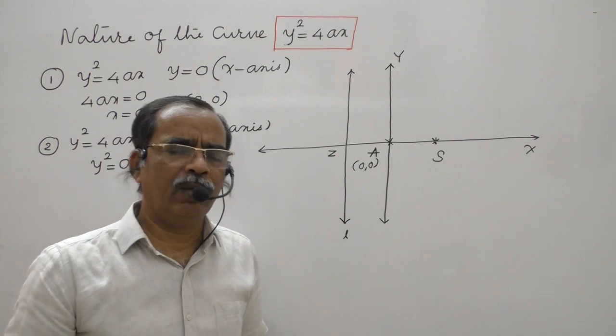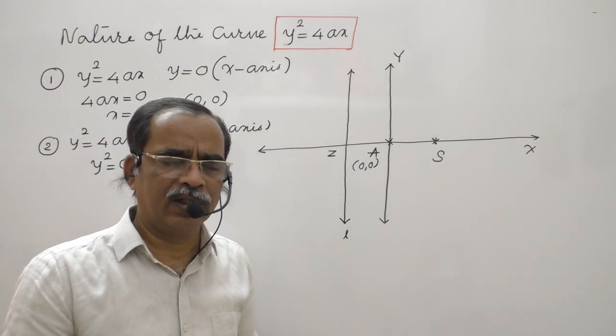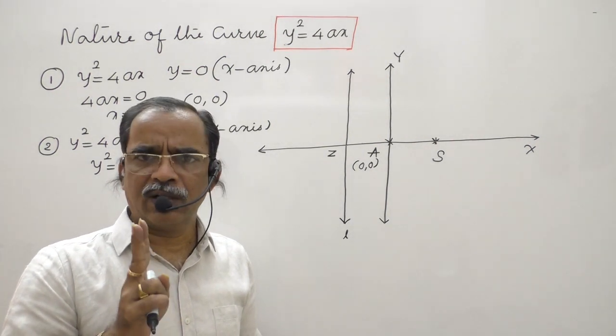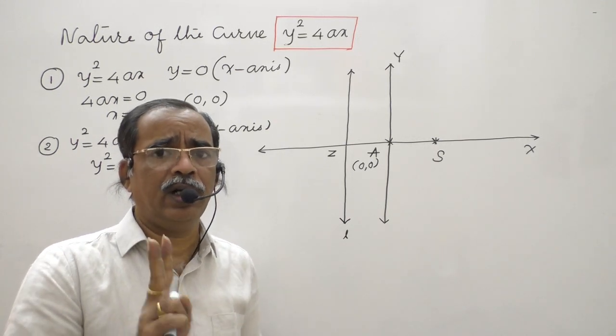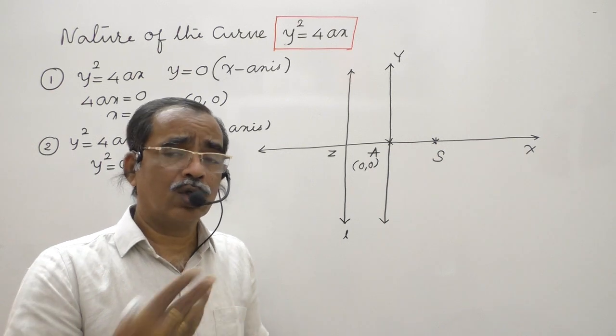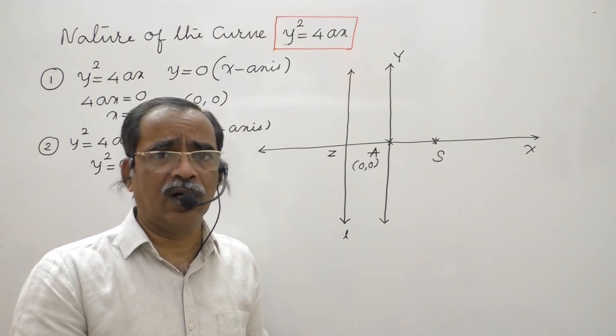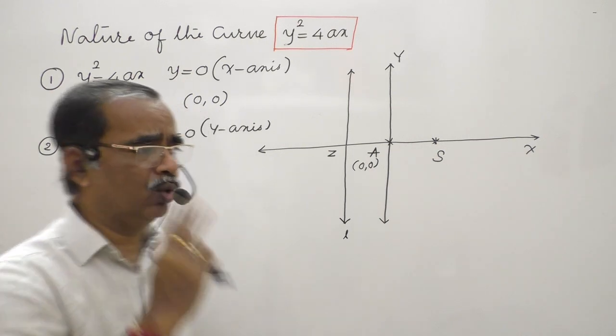How many roots will be there for a quadratic equation? Whenever it has real roots, there should be 2 roots compulsorily. Those may be different or equal, doesn't matter, but it should have 2 roots.